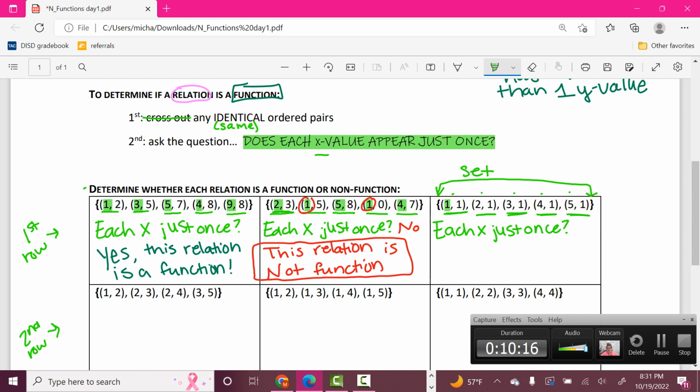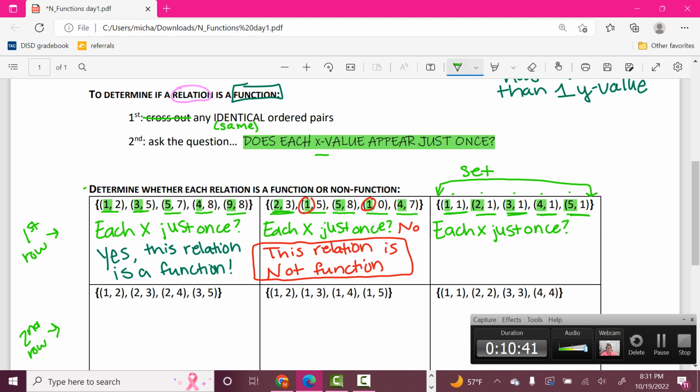The first number, or x coordinate, in 2, 1 is 2. The x coordinate in the ordered pair 3, 1 is 3. And the x coordinate in 4, 1 is 4. The x coordinate, or the first coordinate, in the ordered pair 5, 1 is 5.